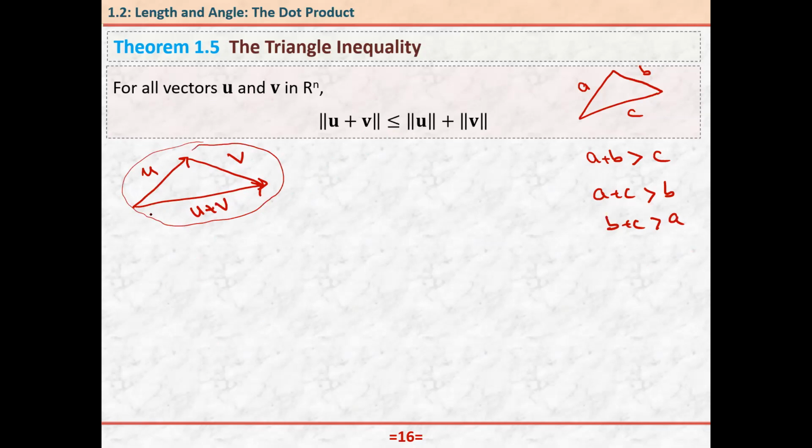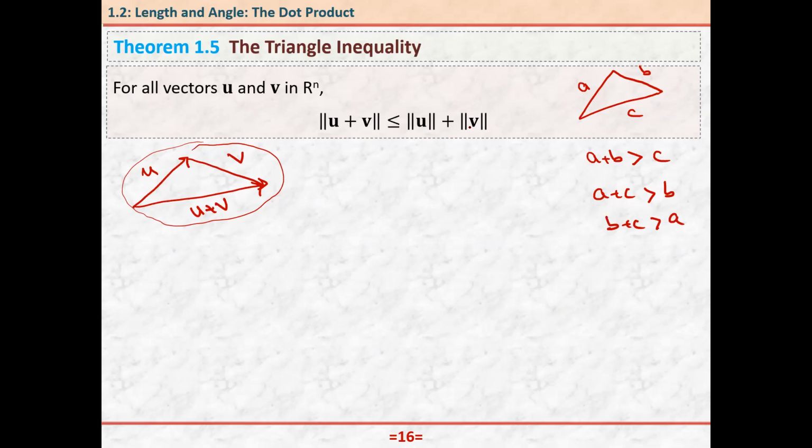Why is it so? The proof is not so difficult. As you see here, the left-hand side is just a length, which means it is non-negative. The right-hand side is the sum of 2 norms, and a norm is always non-negative.